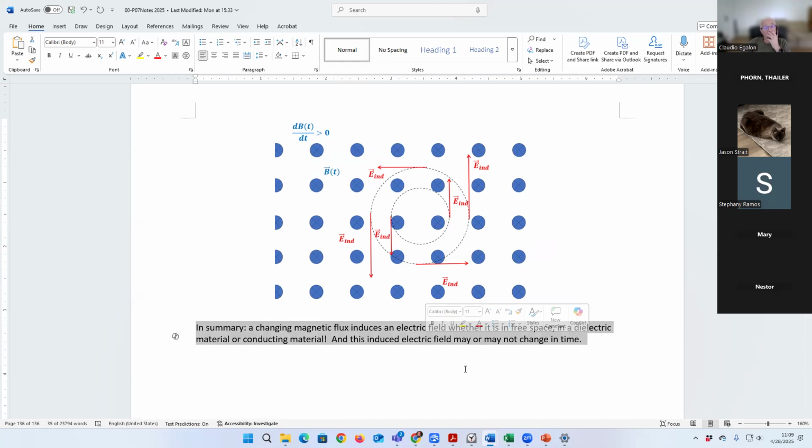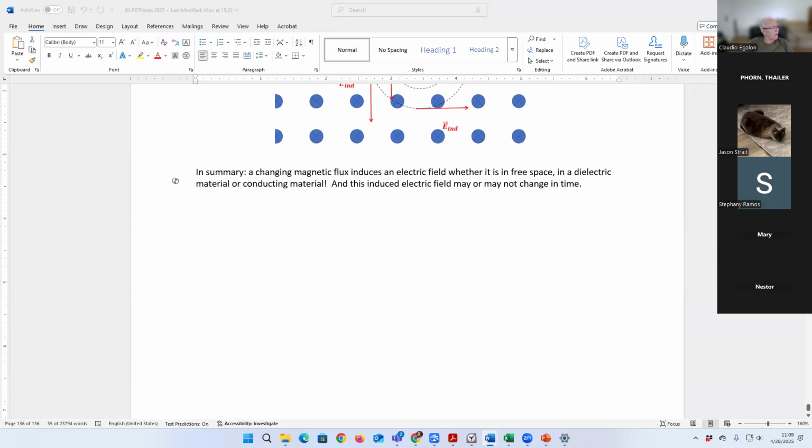Okay, and now you must have this picture in your head. You create a magnetic field or magnetic flux that's changing in time, and this magnetic flux is going to induce an electric field. Okay? So that's the ultimate interpretation that must be given for the law of electromagnetic induction in its broadest possible sense.